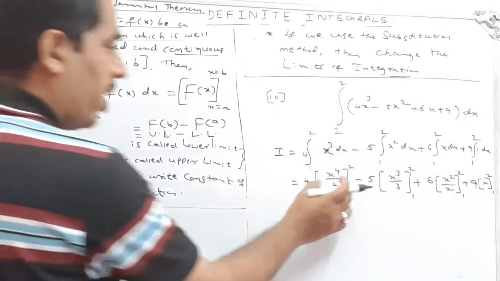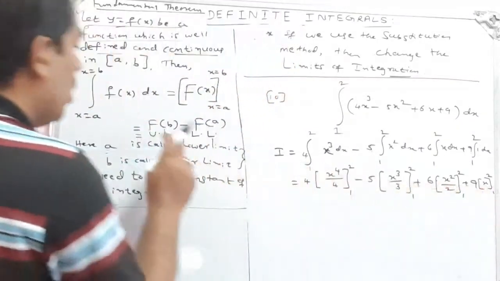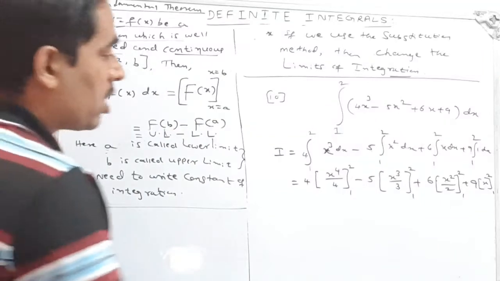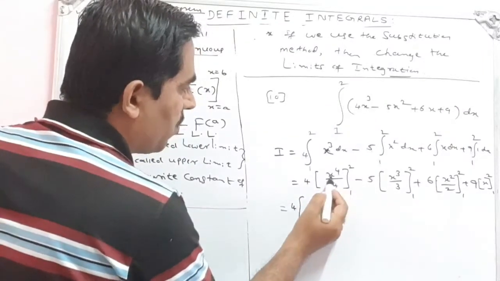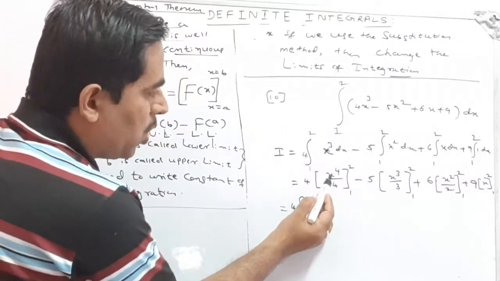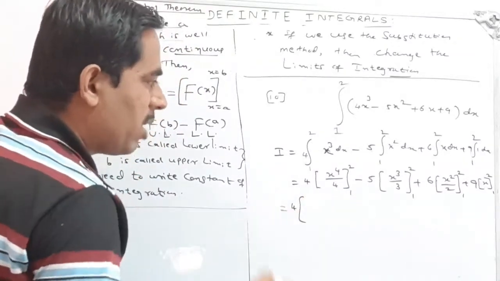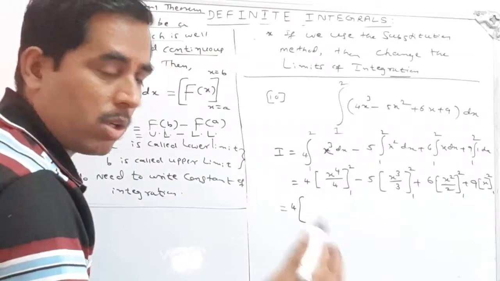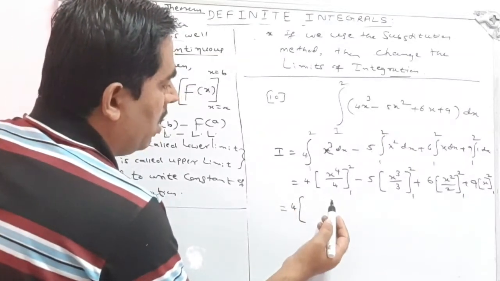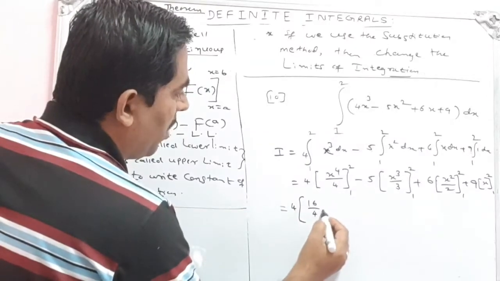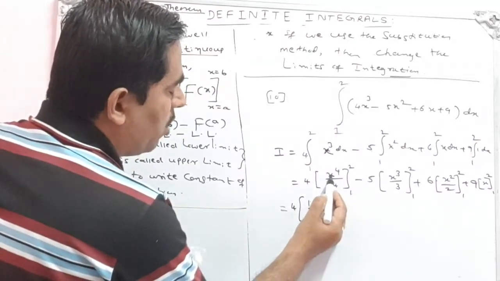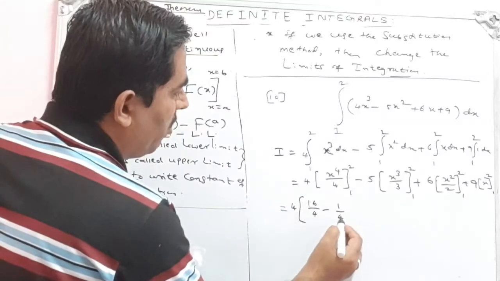For every integral we have to apply upper limit minus lower limit. Upper limit is 2: 2 to the power of 4 is 2 into 2 into 2 into 2, 16 by 4, minus lower limit 1, 1 to the power of 4, 1 by 4.